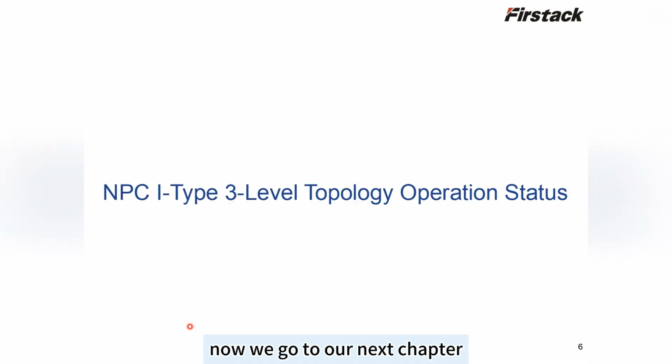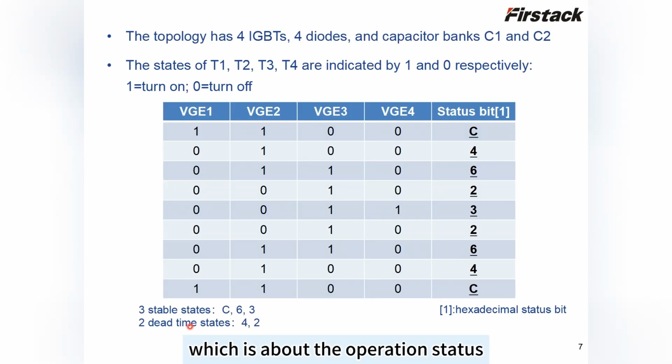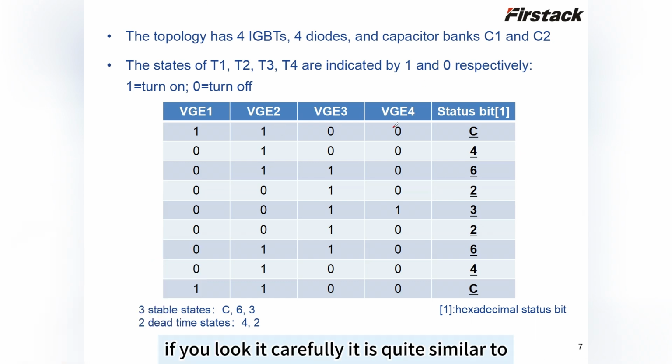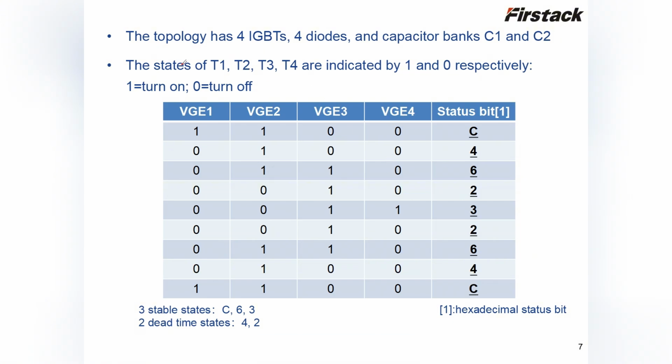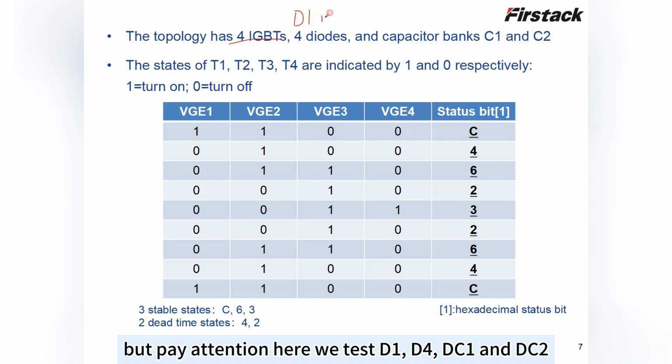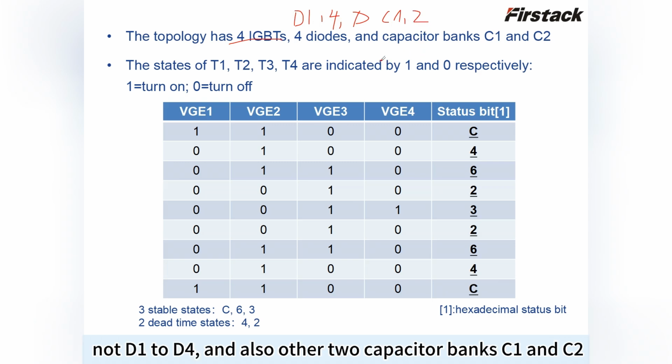Now we go to our next chapter, which is about the operation status. I made a logic table again in this slide. If you look at it carefully, it is quite similar to the T-type logic table. We have four IGBTs, T1 to T4, and four diodes, but pay attention, here we test D1, D4, DC1 and DC2, not D1 to D4, and also the two capacitor banks, C1 and C2.